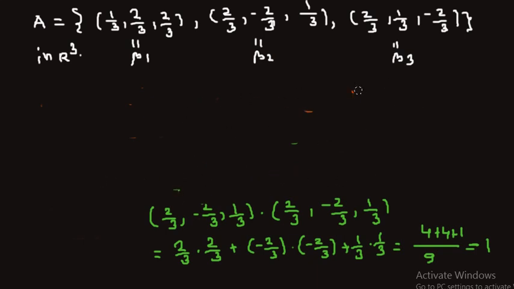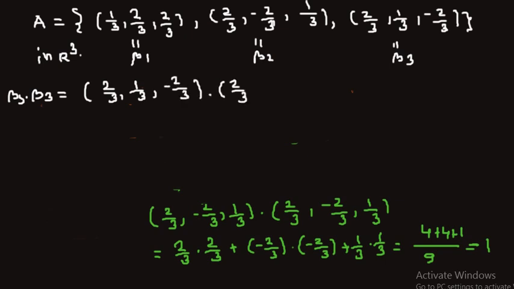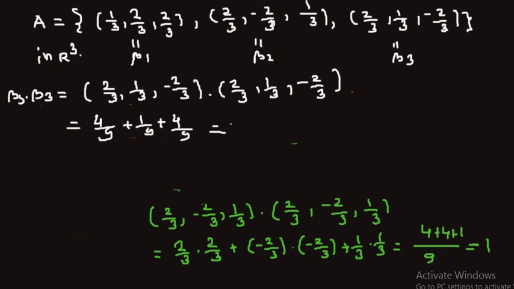Beta 3 multiplied with beta 3 gives us 2 by 3, 1 by 3, minus 2 by 3, and you can clearly see that it is again 2 by 3, 1 by 3, minus 2 by 3. So this gives us 4 by 9 plus 1 by 9 plus again 4 by 9. This again gives us 1.